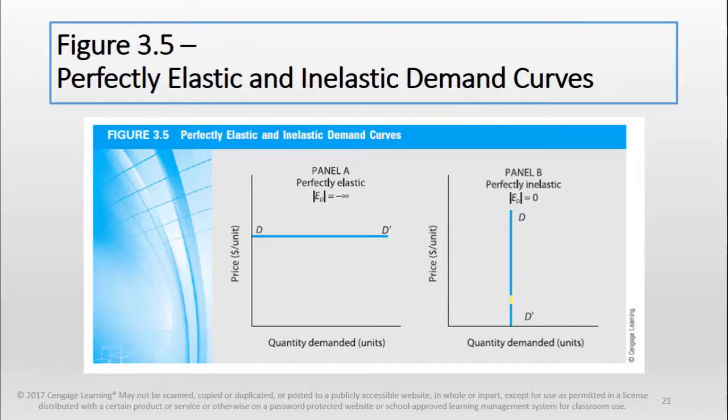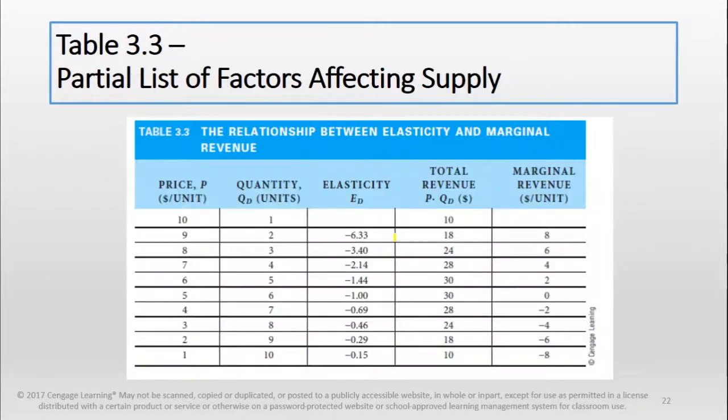For perfectly inelastic, regardless of changes in your prices, your quantity demanded does not change. So, here the price is fixed, whatever the quantity demanded is. These are just theoretical, but these are the graphs. So, that was the different values.